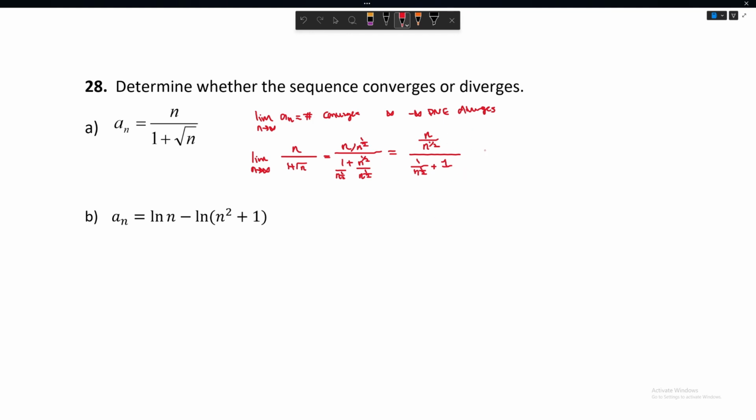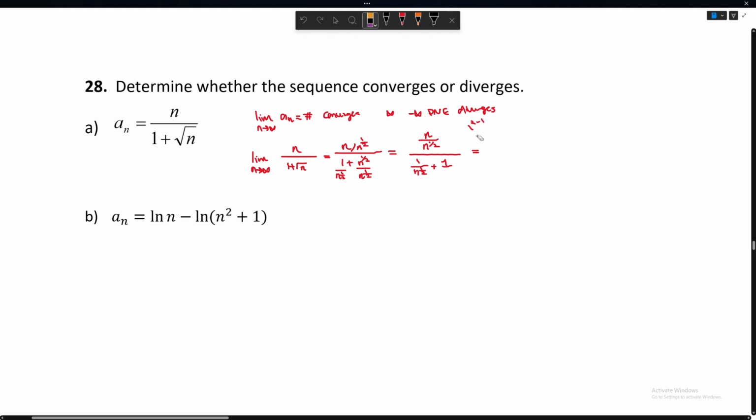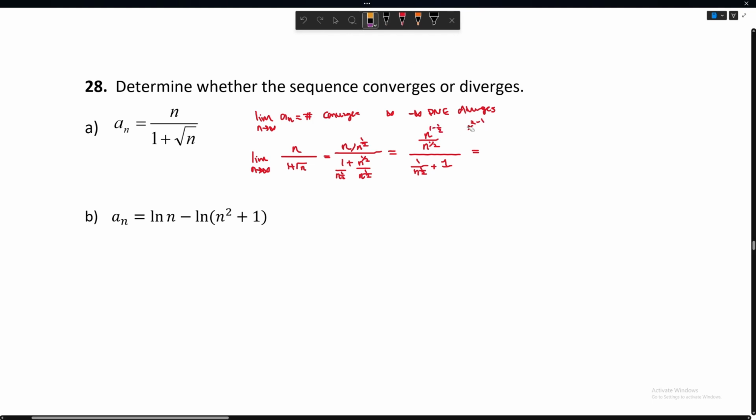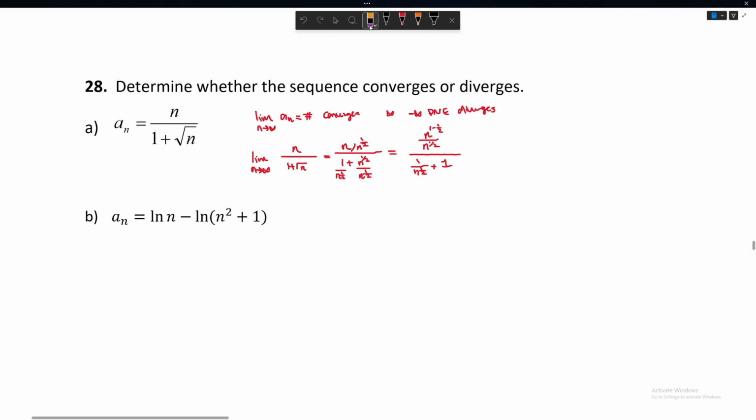How can I simplify this even more? When I do something like x squared divided by x, it becomes x to the 2 minus 1. Right? That's what it actually looks like. And so this is actually n to the 1 minus 1/2. And so writing this, what I will be getting is n to the 1/2 over 1 over root n plus 1.